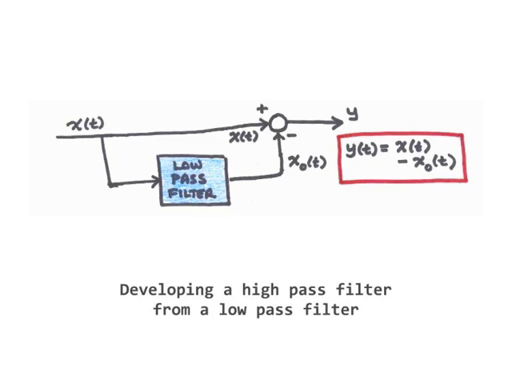The subtraction of x0 of t from x of t produces the output y of t. So y of t is x of t minus x0 of t. X of t is the original signal, and x0 is the low frequency content of x of t. Thus, we're taking away the low frequency content from x of t, leaving the high frequency content.